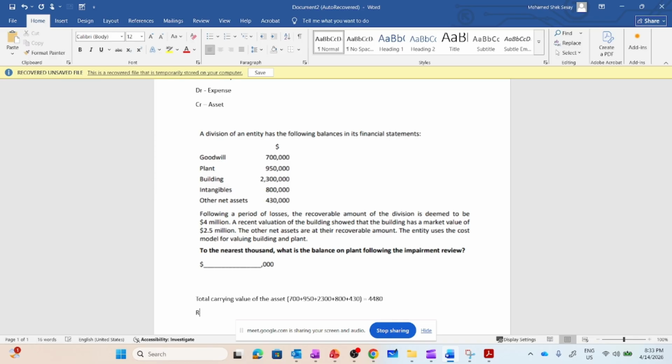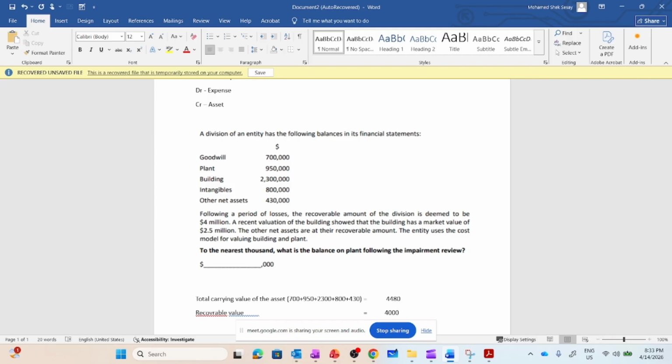So now we need to determine the recoverable value. From the question, following the period of losses, the recoverable amount of the division is deemed to be 4 million. So 4 million is the recoverable value, right?